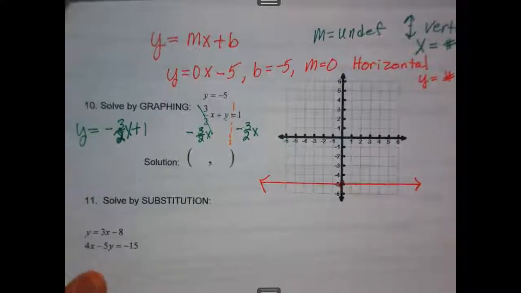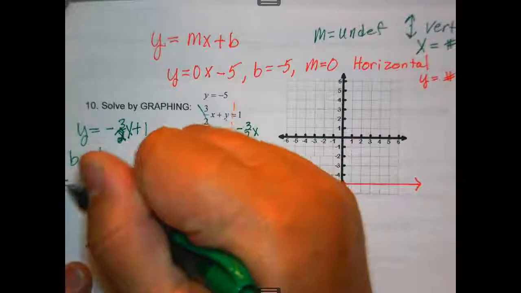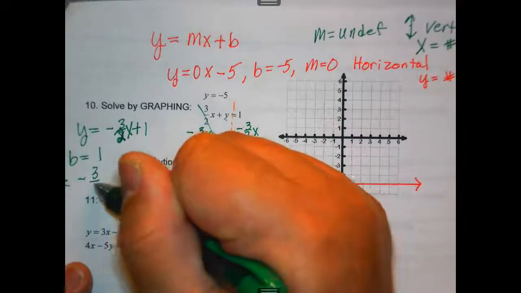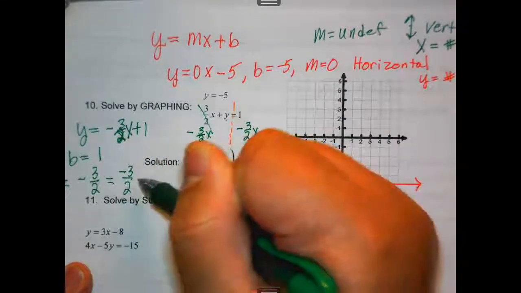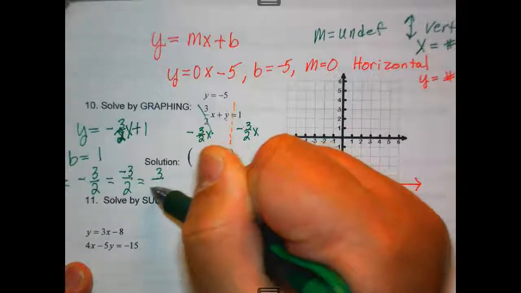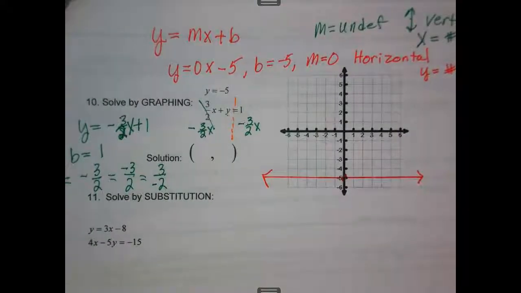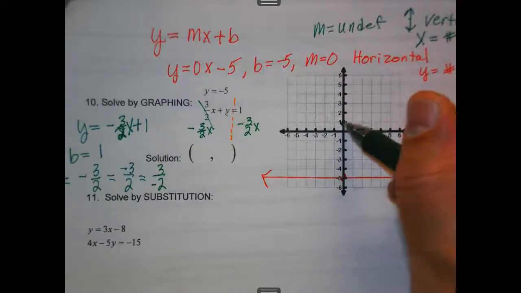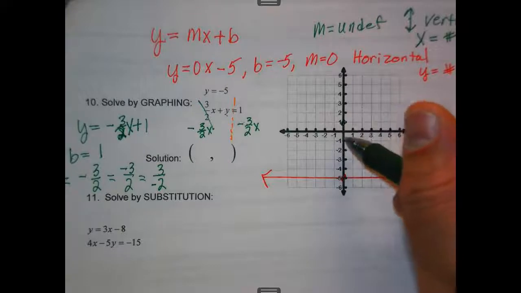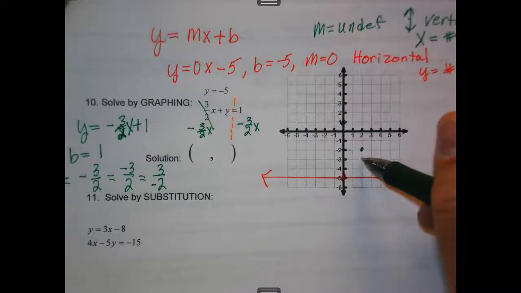All right, what's my b? 1. What's my slope? -3/2, which means I can put that negative sign with the 3, or I can put that negative sign with the 2. So it crosses my y-axis at 1. I'm going to use -3/2. So down 3/2, and if I do this again, I'll probably hit that line.